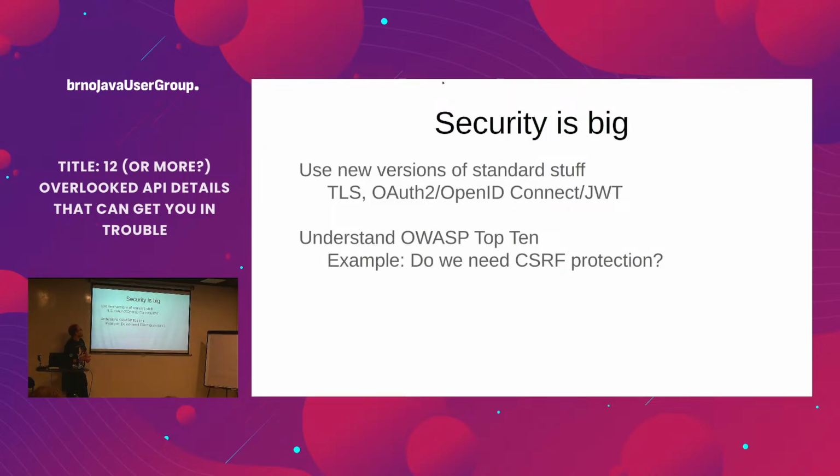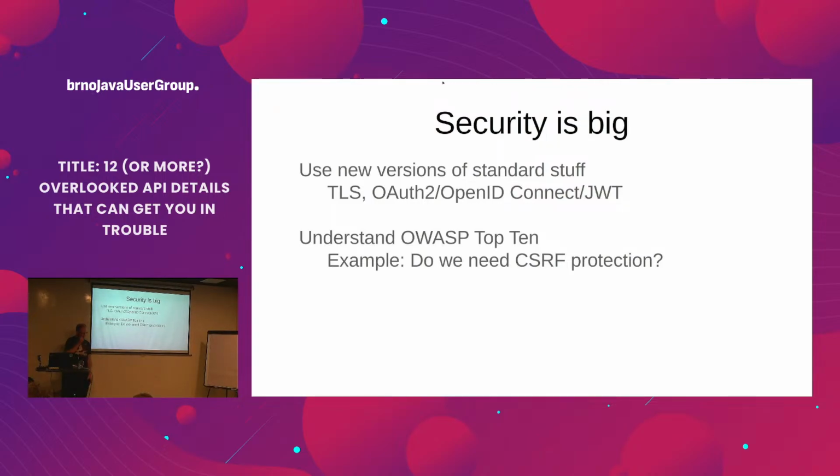And for web services, of course, we have a resource that's called OWASP Top 10. That's a list of attacks on web applications, and most of them apply also to web services because they use the same technology.